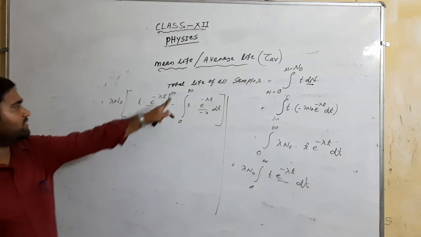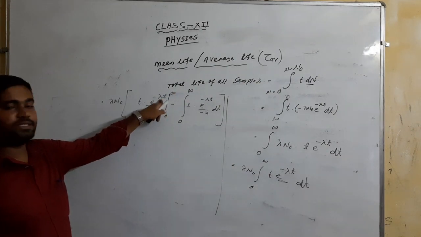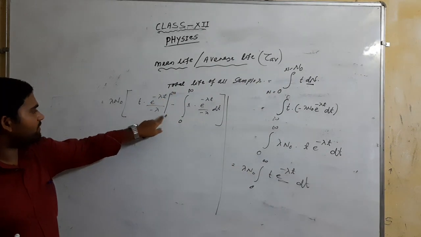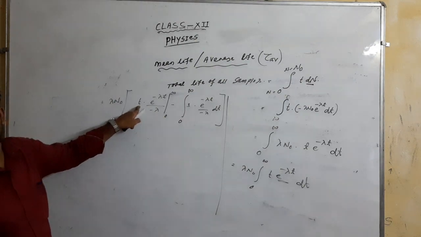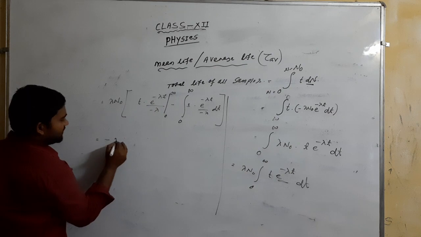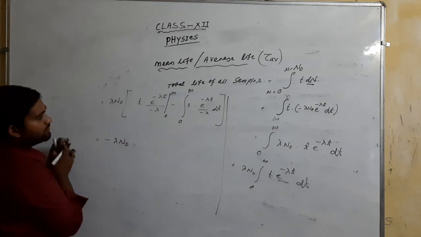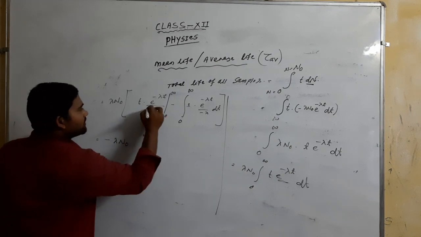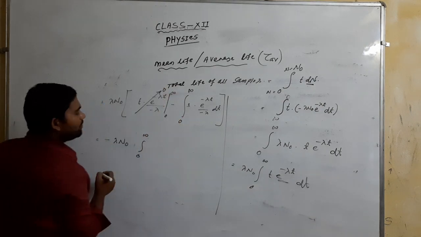When we replace the value, e to the power minus infinity is 0, and at the lower limit the term t makes it 0 as well. So this term will be 0.